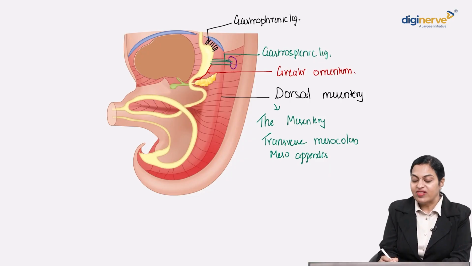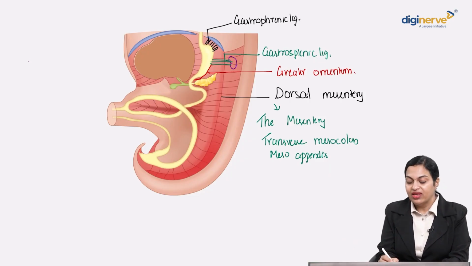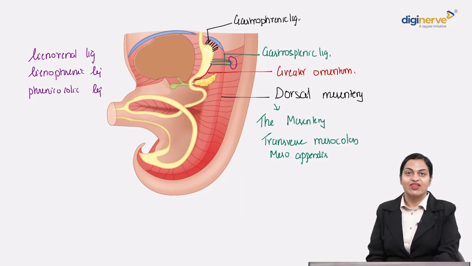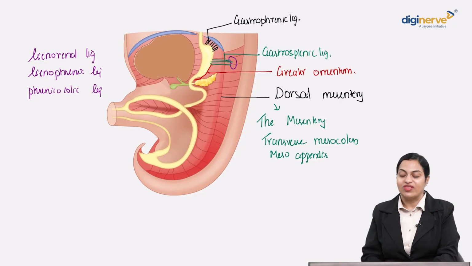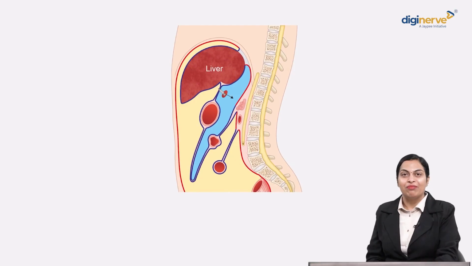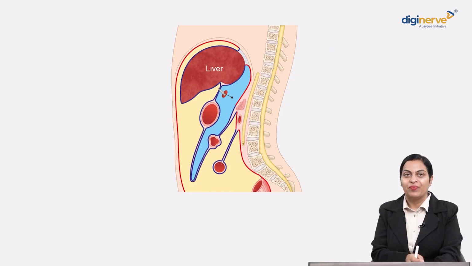Also, in relation to the spleen, the lienorenal ligament, the lienophrenic ligament, the phrenicocolic ligament, all these are considered to be remnants of the dorsal mesentery, right? So this is another image, a sagittal section, where we are going to identify the derivatives of ventral and dorsal mesentery. Shall we?